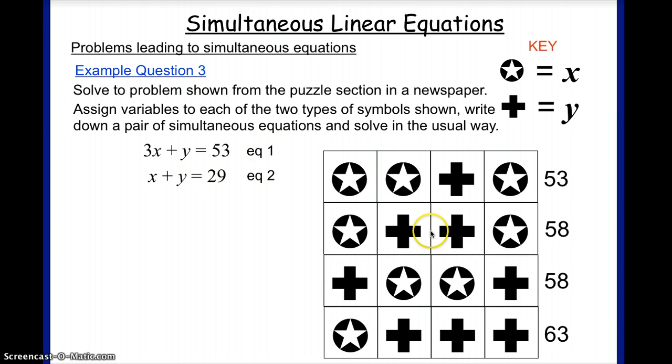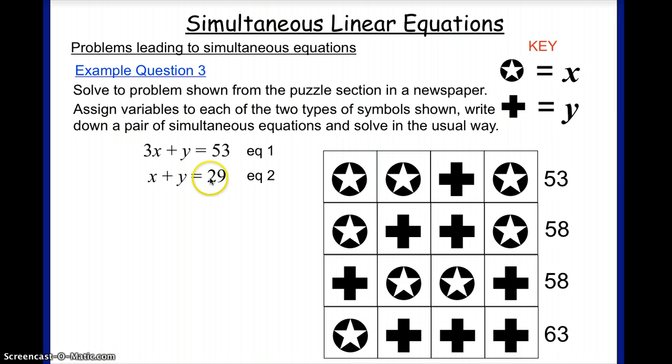What happened here was this is 2x plus 2y equals 58, but in the second equation I divided them by 2. So 2x becomes just 1x and 2y became 1y, and 58 divided by 2 is 29. So I just simplified the entire equation for easy calculation.